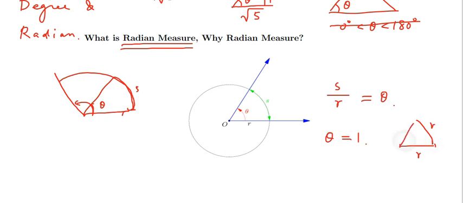And then this angle is, we say, 1. Okay, so what is 2? Theta equals 2 means this angle. So this is R, and here is 2R, right? So this angle is 2. Okay, R and 2R. So this is radian.